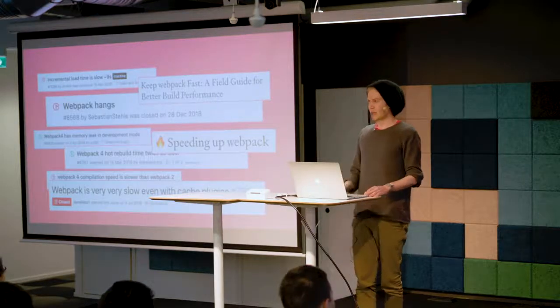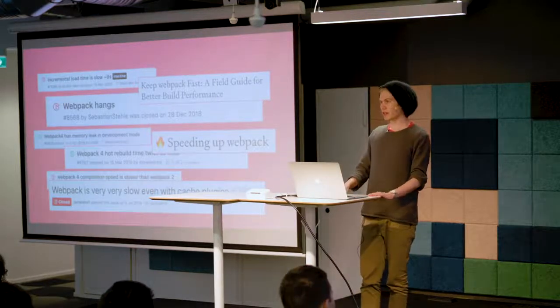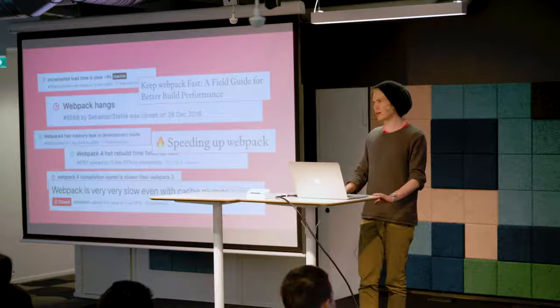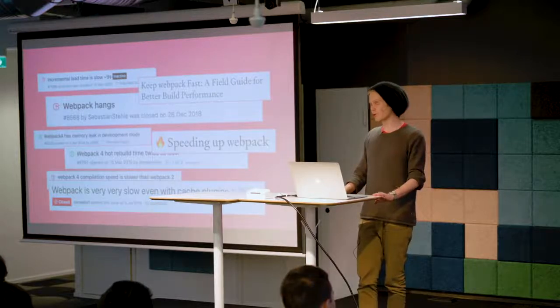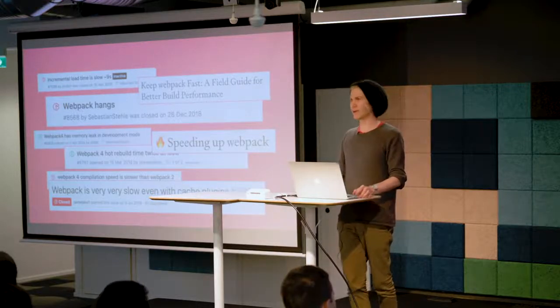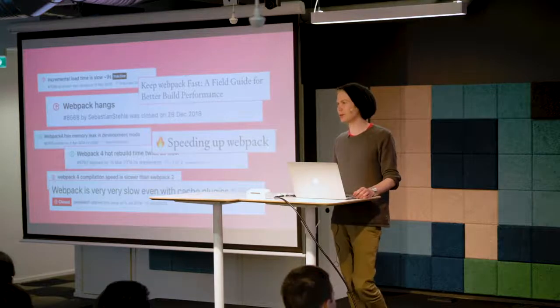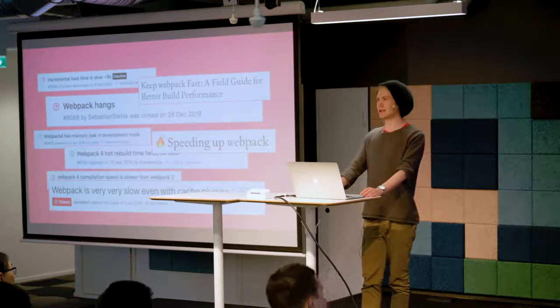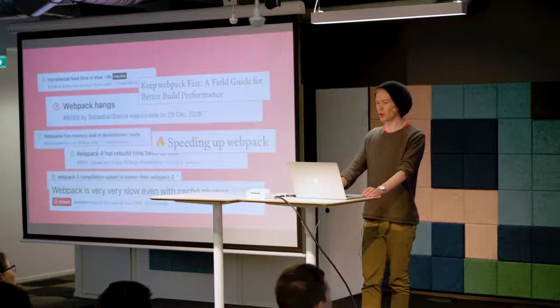Now, as applications, specifically front-end applications, tend to grow in size, the build times do tend to get slower in pretty much all of the projects, as we have witnessed based on the Medium blog posts regarding Webpack optimization as well as all the issues in the Webpack GitHub repository. So we were not alone with the issue.